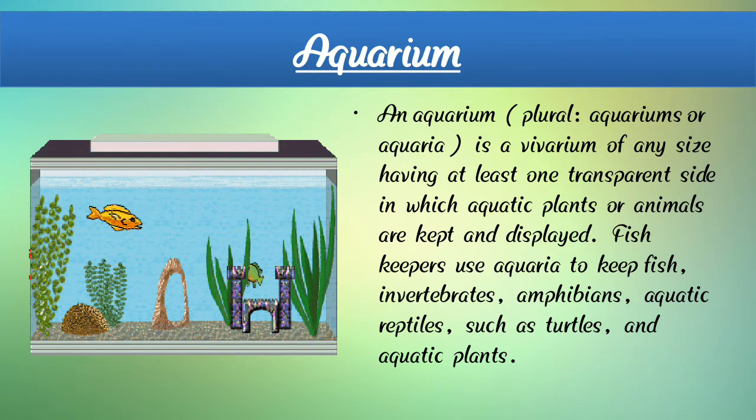So the aquarium is the place where we keep fish. The aquarium is a vivarium of any size having at least one transparent side in which aquatic plants or animals are kept.